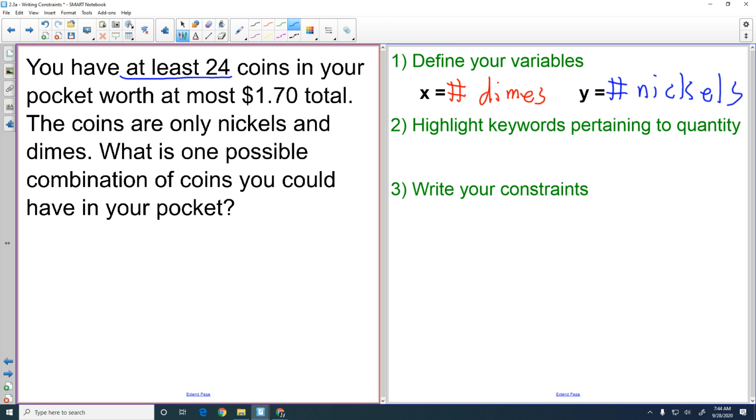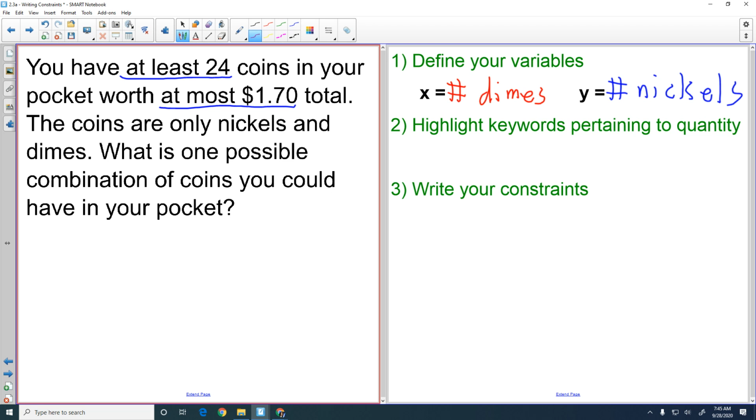And then the value of them, it's worth at most $1.70. So that's the maximum dollar amount that we can have. So those are keywords that we're looking for. If you see things like the word total or minimum or maximum, those are all words you're going to look for to write these constraints.